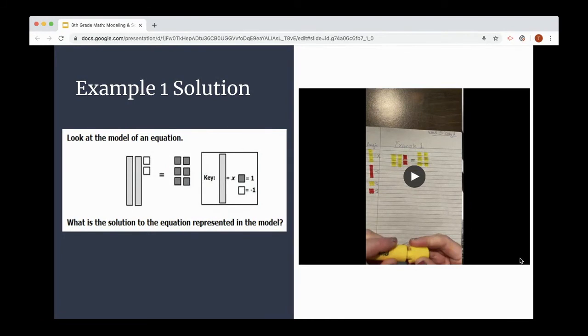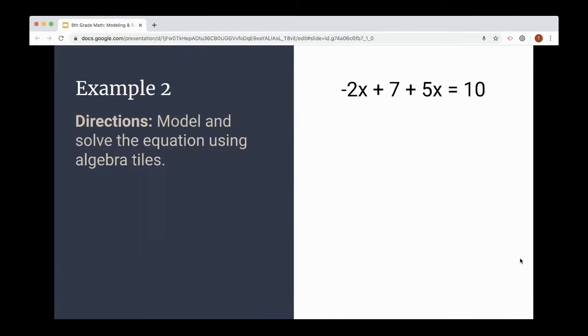Great, let's take a look at example 2. Example 2 asks you to model and solve the equation using the algebra tiles. So here, all we want you to do is draw using your colored pencils or crayons or markers. If you don't have red and yellow, you can choose different colors for your positive and negatives.